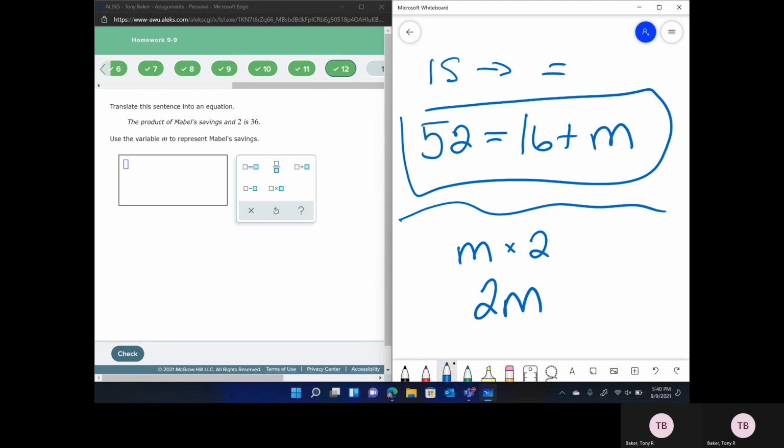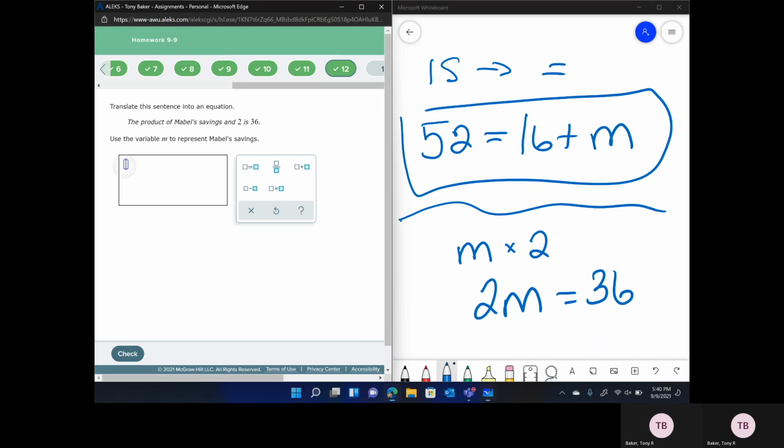If you have more stuff, put parentheses. Whenever you're writing problems, always either put them next to each other or use parentheses to show multiplication. Get in that little habit. And then is 36. So 2m equals 36.